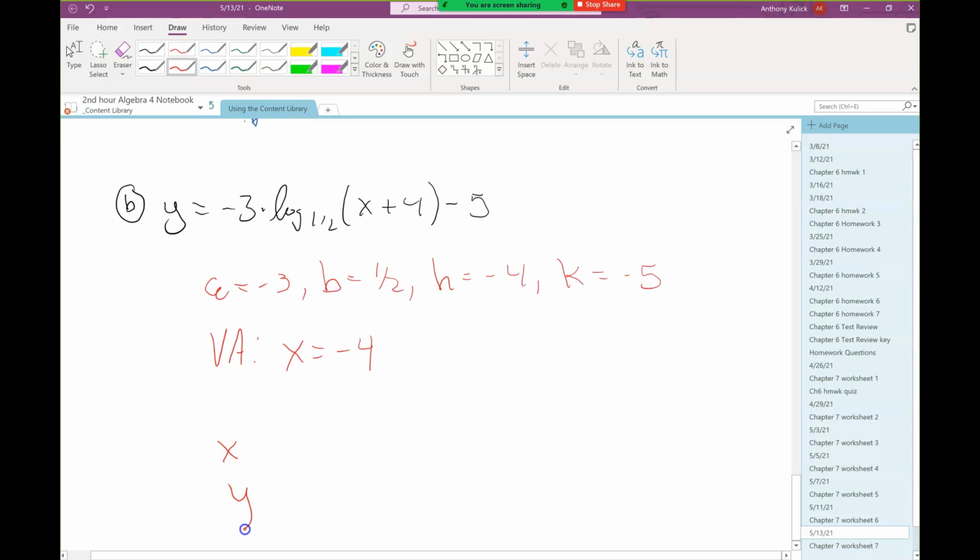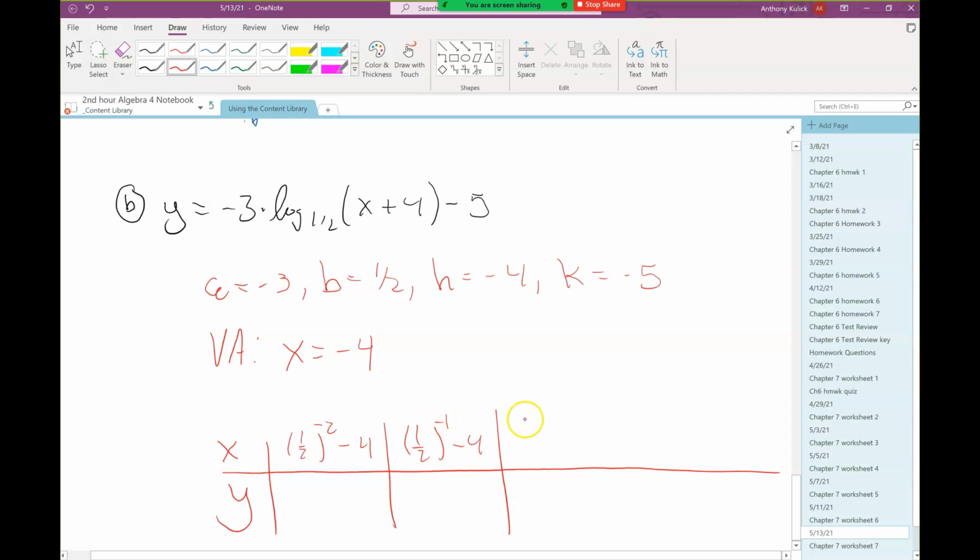And then we'll build our xy table. So I'll have b to the negative 2 plus h, b to the negative 1 plus h, b to the 0 plus h, b to the first plus h, and b to the second plus h.